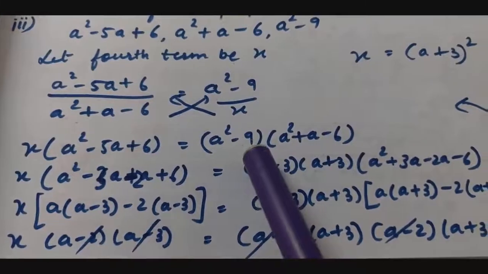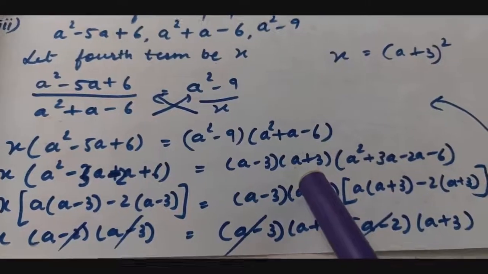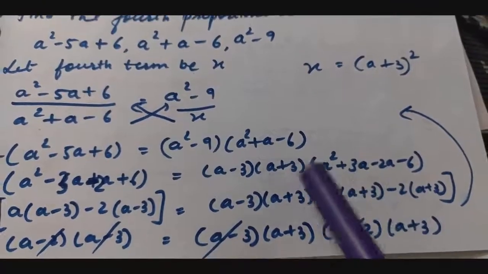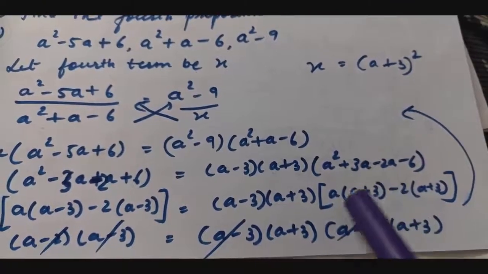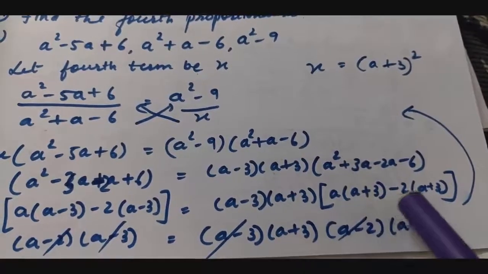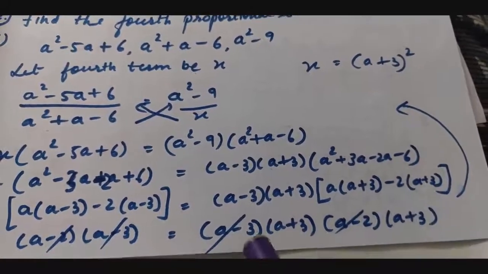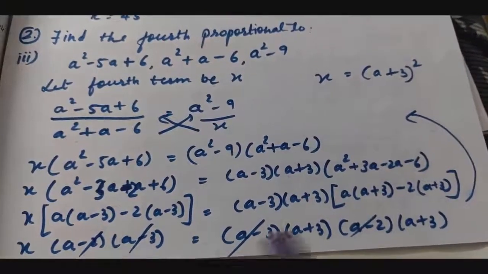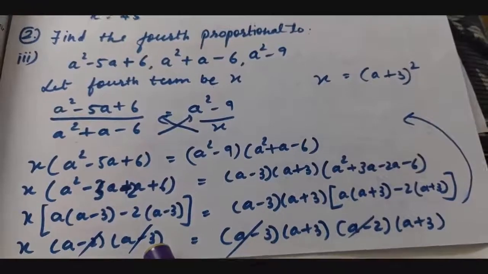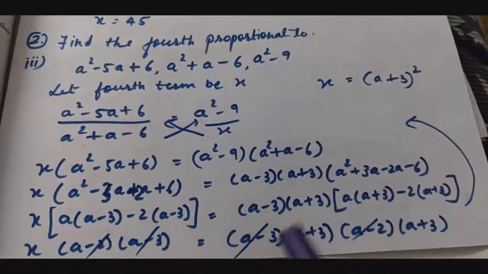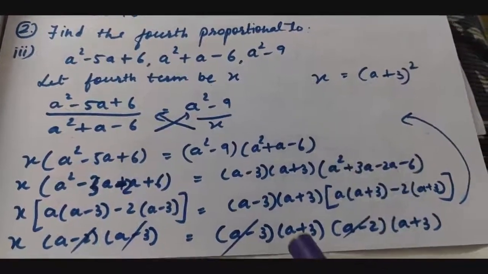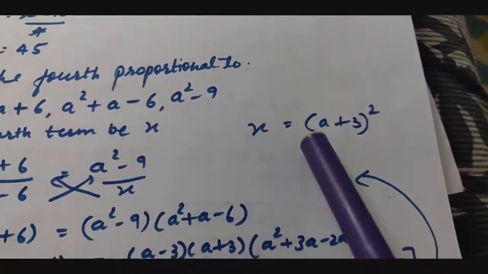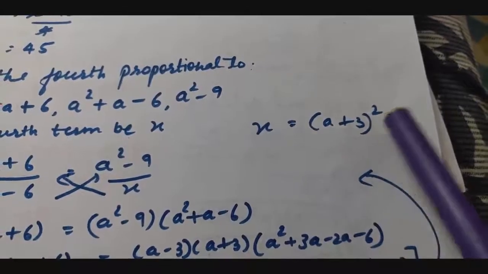Similarly, a square minus 9 factors are a minus 3, a plus 3, and a square plus a minus 6: plus 3a minus 2a, a common, a plus 3 minus 2 common, a plus 3. So we get these 4 factors. Now you can see a minus 2 cancelled, a minus 3 cancelled. So I get x value as a plus 3 whole square. X is equal to a plus 3 whole square.